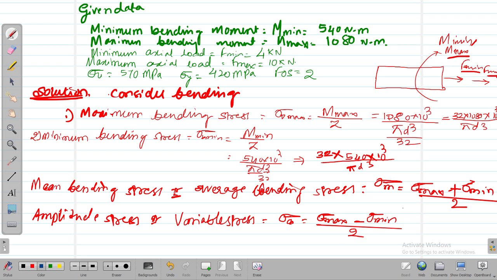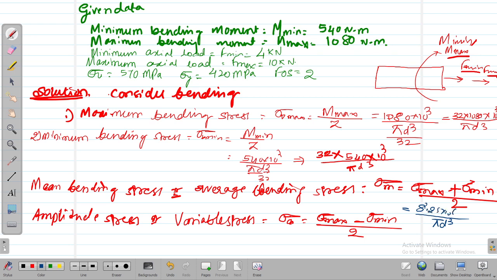How much sigma m you will get in terms of pi d cube, or you can write in terms of d cube. So 8.25 into 10 raised to 6 divided by d cube.